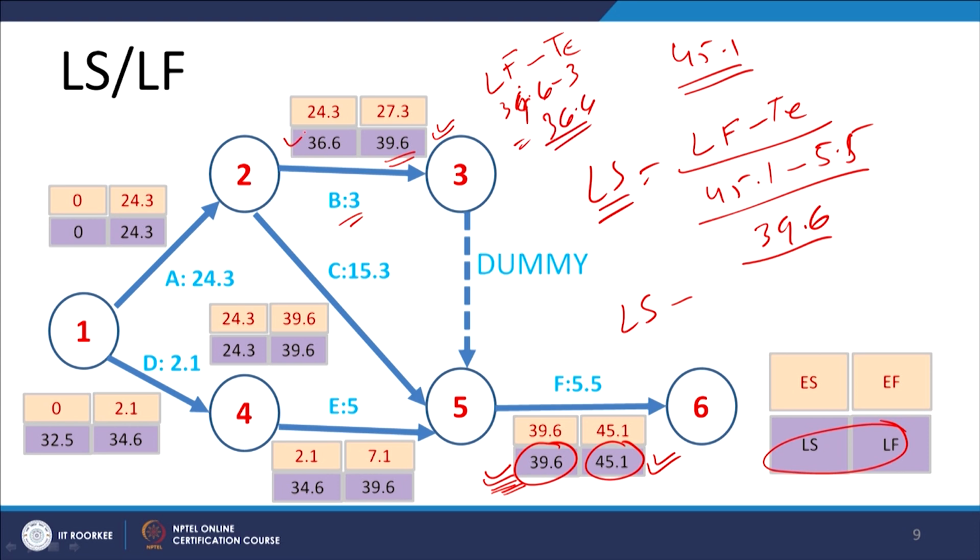So, this becomes the latest start. Likewise, if we have to start activity F at 39.6, then activity C also is to be completed by that time.